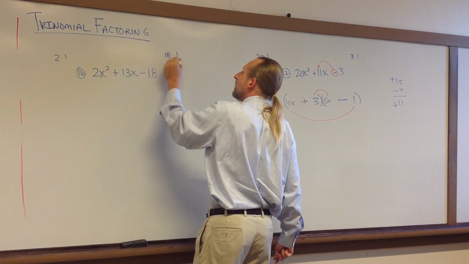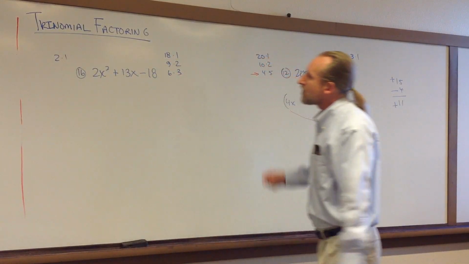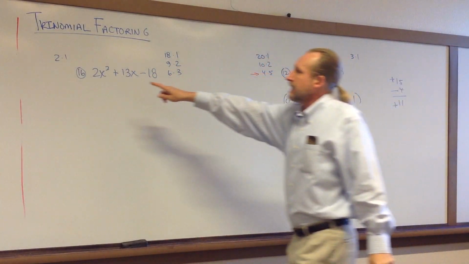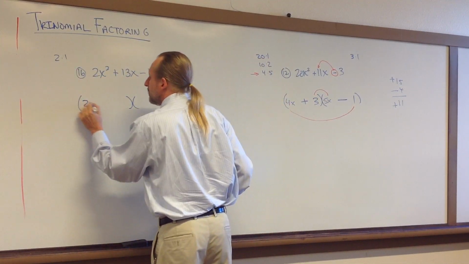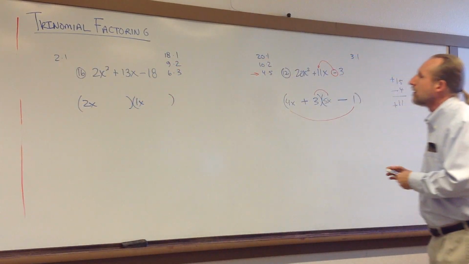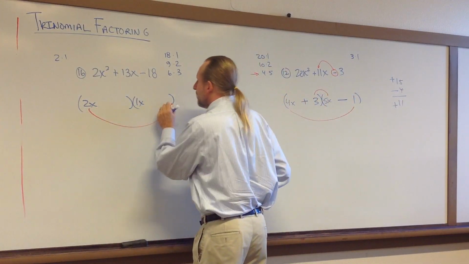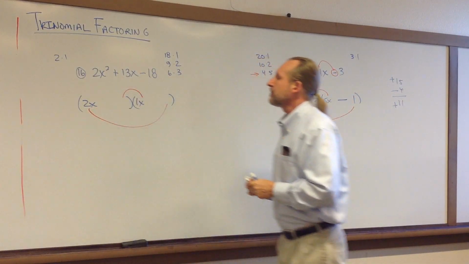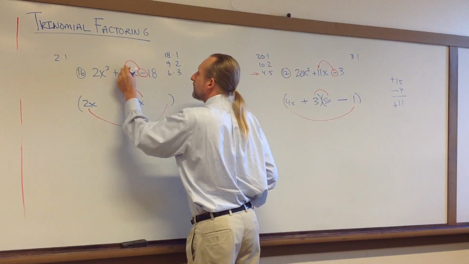This 18 is 18 times 1, 9 times 2, 6 times 3. All right, so let's take this one first and just fit the 2 and the 1 in there. 2x and 1x, because we don't have a choice. It has to be 2 times 1. All right, now we want this multiplication and this multiplication to have a difference of 13.